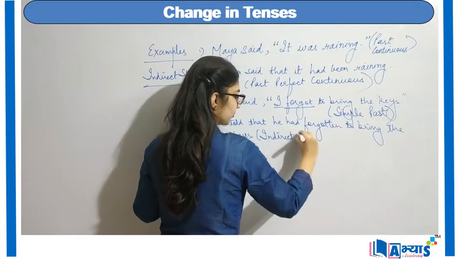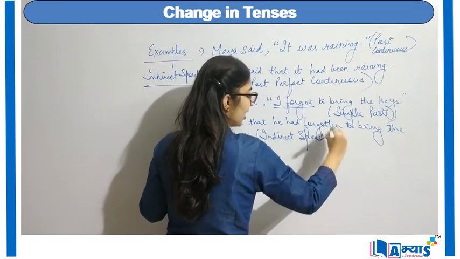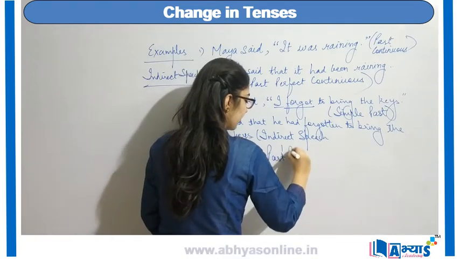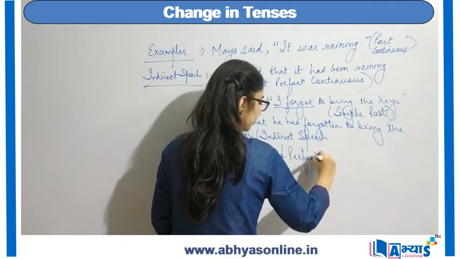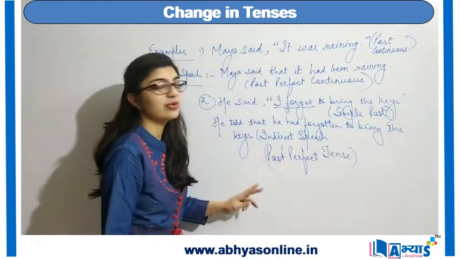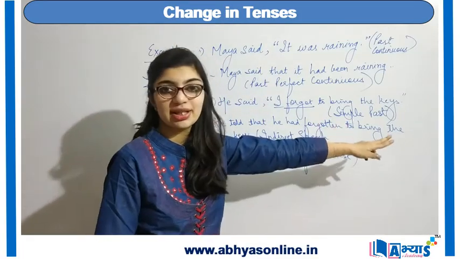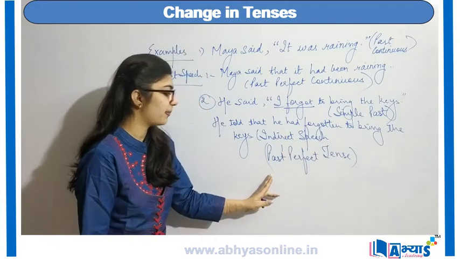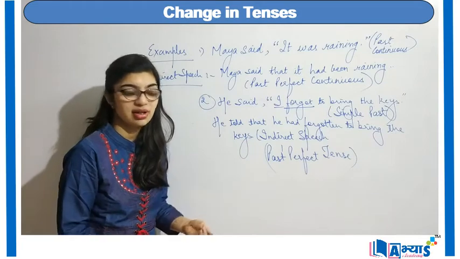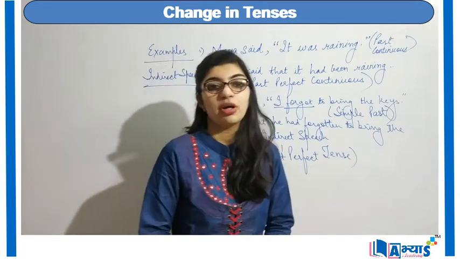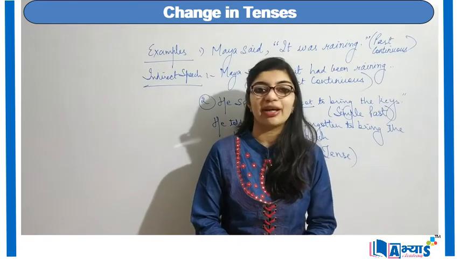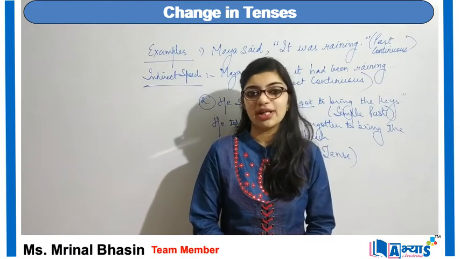And my indirect speech is in past perfect tense, because we know that for conversion of simple past tense, I will always use past perfect tense for the indirect speech. So, in this video, we discussed reported speech. Reported speech can be direct speech or indirect speech.